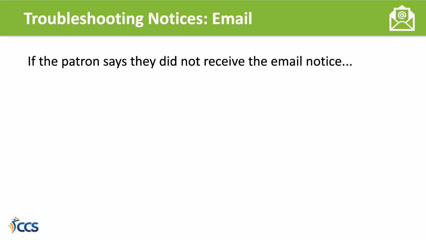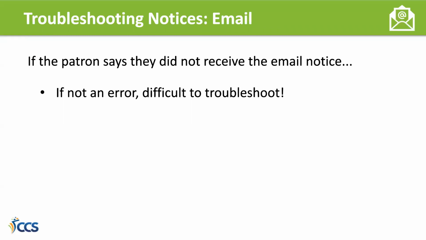And then, of course, everyone's favorite troubleshooting topic, email. If the user says that they didn't get an email, but the email is not on an error report, this really is the hardest to troubleshoot because we're unable to see what that user's email provider does with the email.